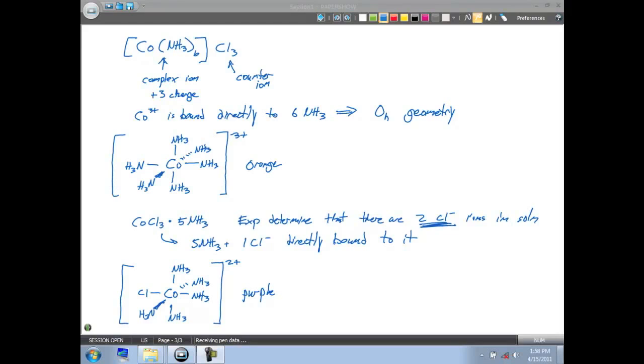If we do the same thing for the CoCl3 with 4 equivalents of ammonia, we have a green-violet potential to get either color. So there's got to be something more in terms of what's happening and what we can do to account for those colors.